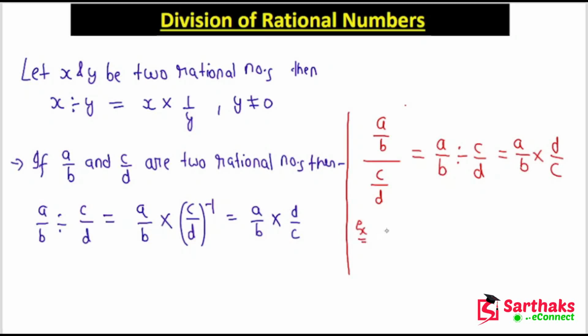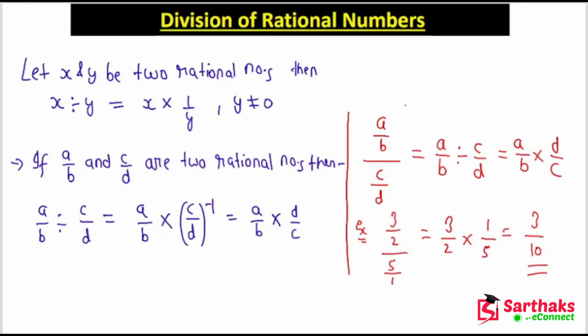Example, suppose you have 3 upon 2 whole upon 5 upon 1. It will be 3 upon 2 into, now this 5 upon 1 will get reciprocal, so you will get 3 upon 10. So this is how you solve expressions like this. I hope it is pretty clear.